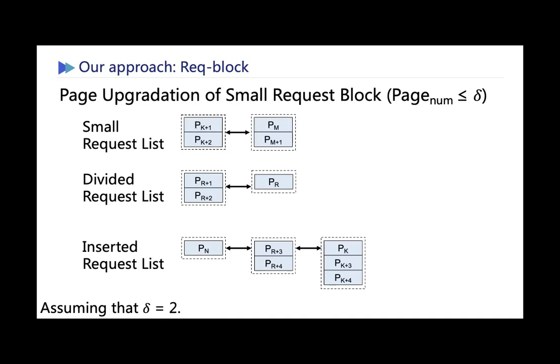Finally, we introduce the victim selection for eviction according to the access frequency. The victim request block is chosen from the tail nodes of the 3 linked lists, and the request block with the lowest access frequency will be selected.